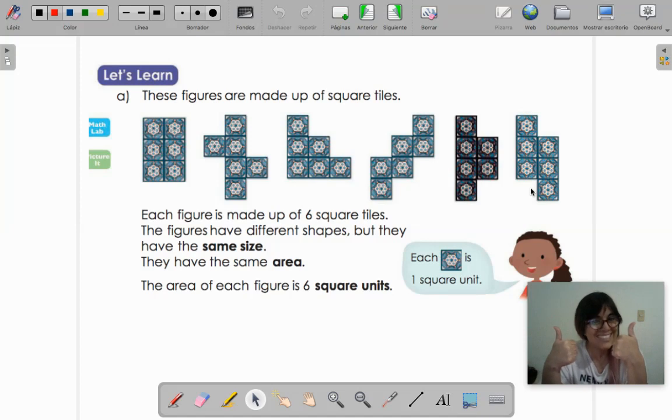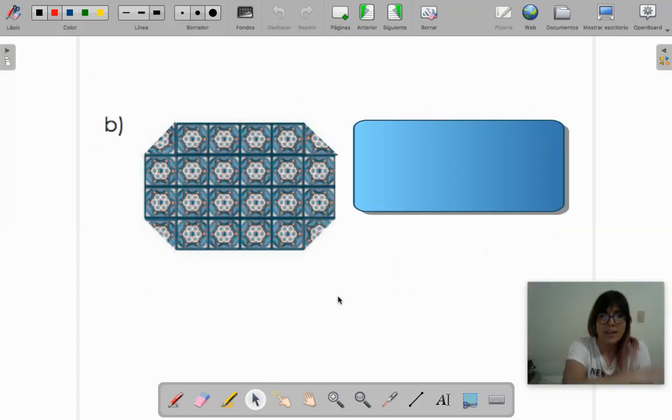Thumbs up? Excellent. So the area of each figure is 6 square units. Right now, that's what we're going to say, square units, because we're not using centimeters, meters, kilometers, inches, or millimeters. We're using squares. So you have to say what you use to measure, and we're using squares. That's our unit.